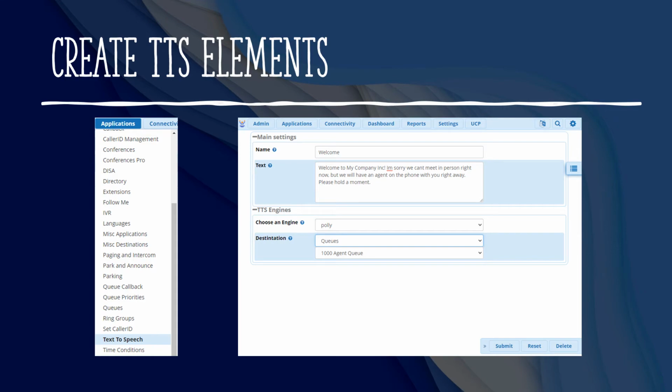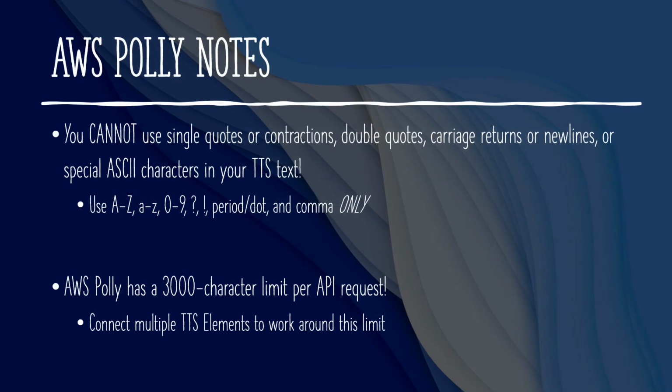You will want to note the following limitations when using AWS Polly for FreePBX text-to-speech. You cannot use single quotes or contractions, double quotes, carriage returns or new lines, or special ASCII characters in your text. Any of these will break the transcription, resulting in either a partial audio file or no audio at all.